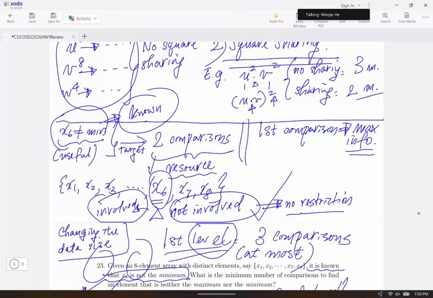It contains some partial, useful, known information. If your first comparison has x6 involved, you have two possibilities: greater than x6 or less than x6.